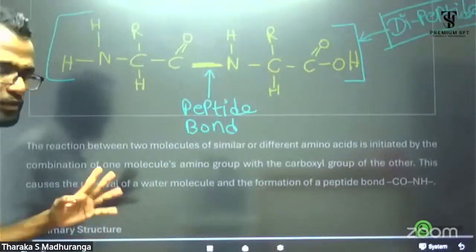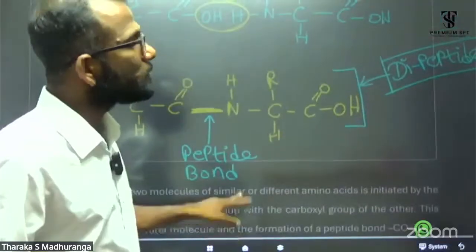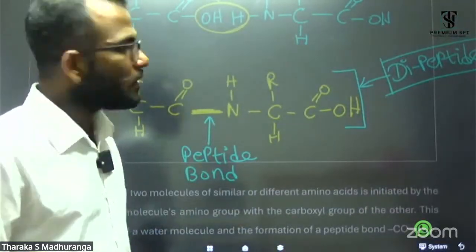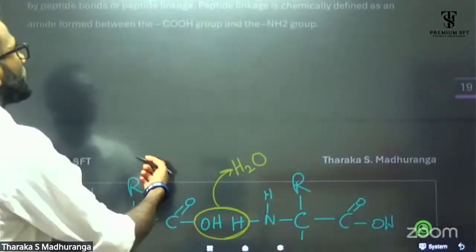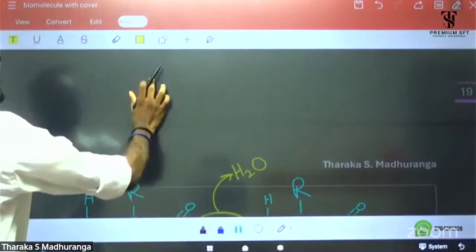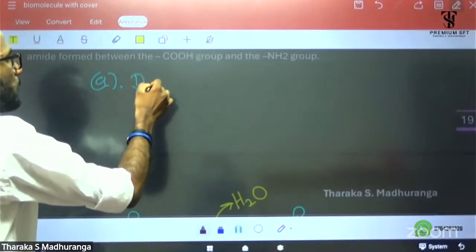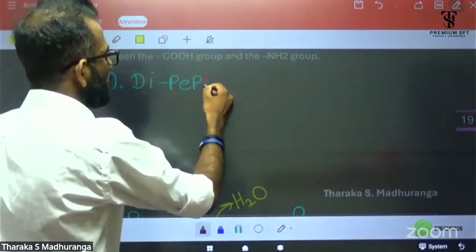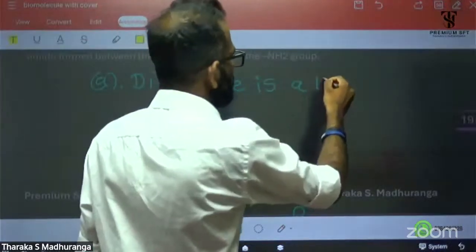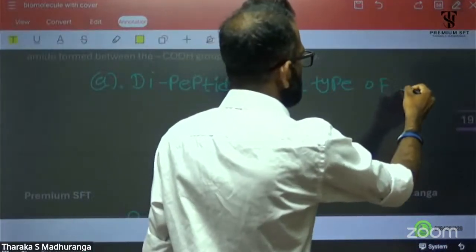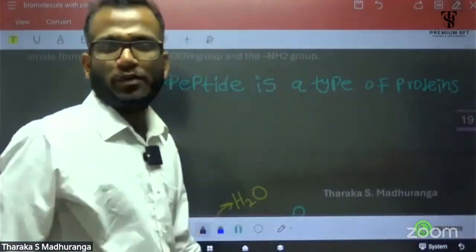Okay. Now, if I ask, is that a protein or not? What do you think? There is an MCQ. Point A: a dipeptide is a type of protein. Correct or wrong?